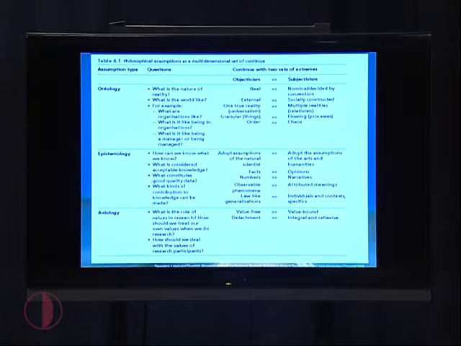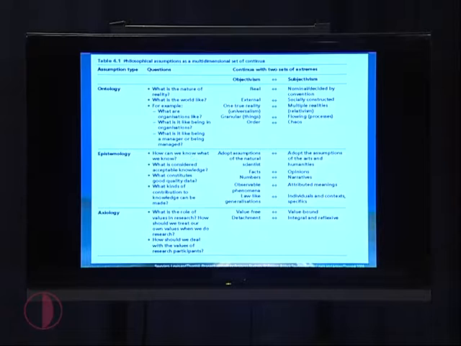What's it like being a manager or being managed? Can you imagine this, how managers manage their organization? It's according to your perceptions, your observation, your feeling, or something that you can touch and watch in the daily work time. To be epistemology, how can we know what we know?